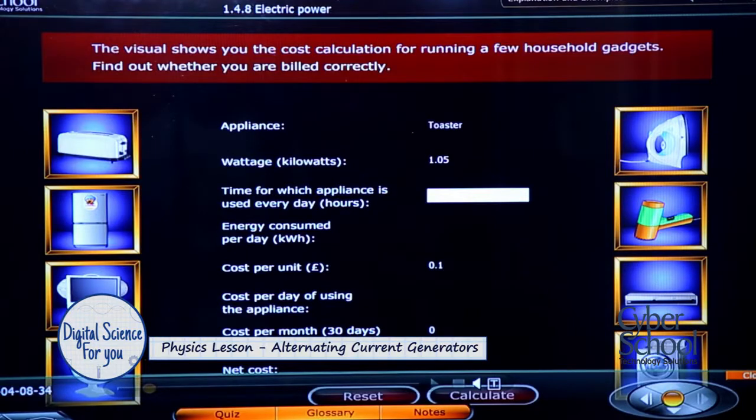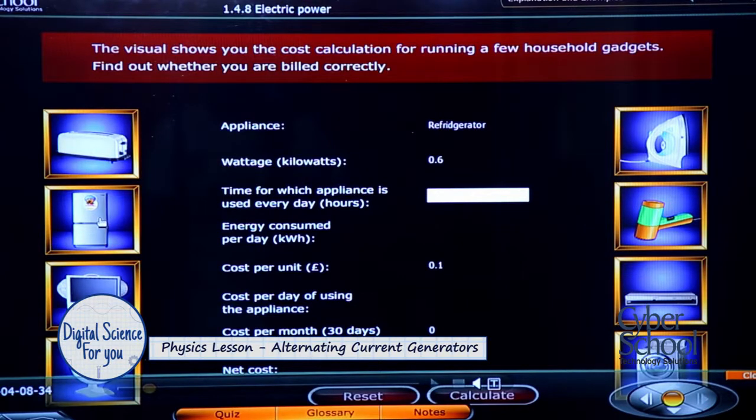We have so many other appliances which use electricity, as we are going to see in the following animations. When you click on the first one, it shows you it's a toaster. The second one is a refrigerator.